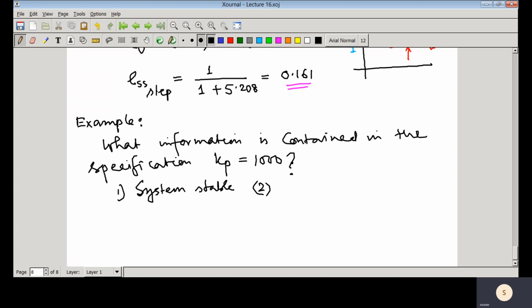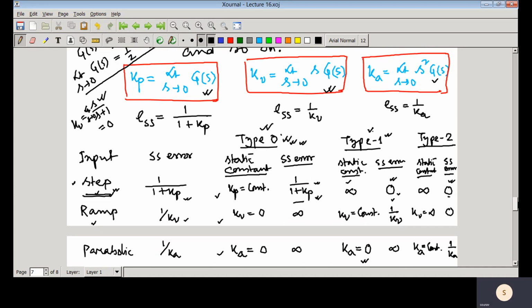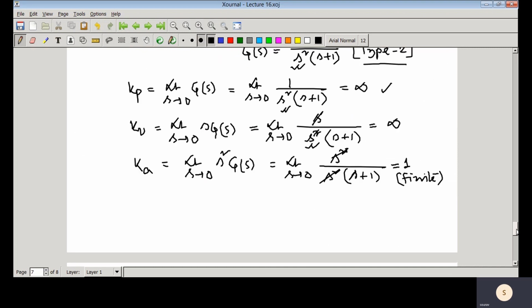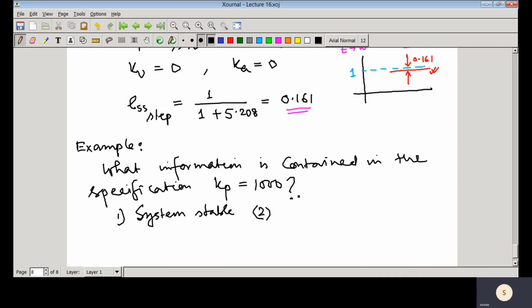And second, Kp is finite. Kp value is 0 or infinity in other systems, but it is finite whenever it is a type 0 system. As Kp equals 1000 here, it is clear from this specification that the system is a type 0 system.